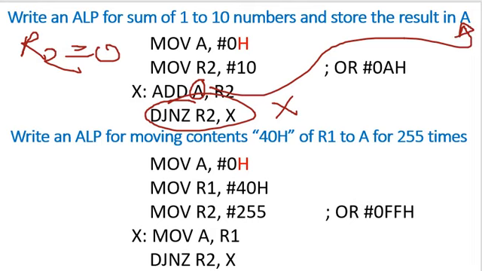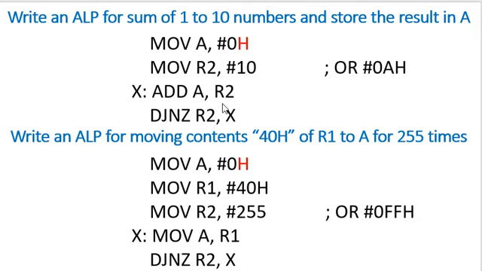The main thing to remember is that we need not initialize from 1, but rather we go from 10. So it is like a reverse addition, that is 10 to 1. Whether 1 to 10 or 10 to 1, the result will not be affected. So this is how one can go for it. Thank you.